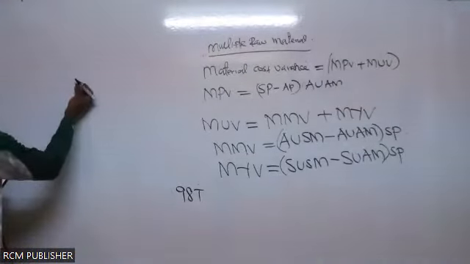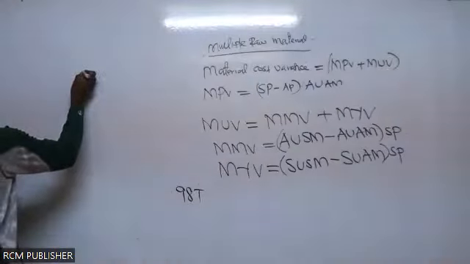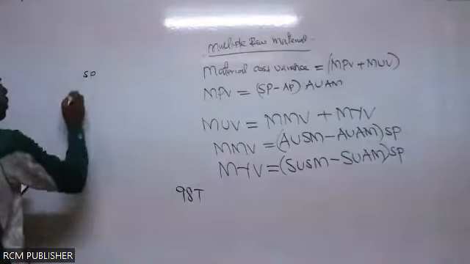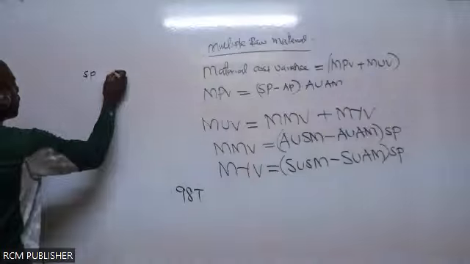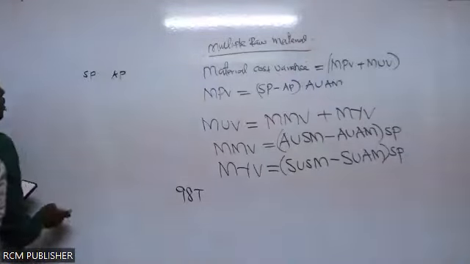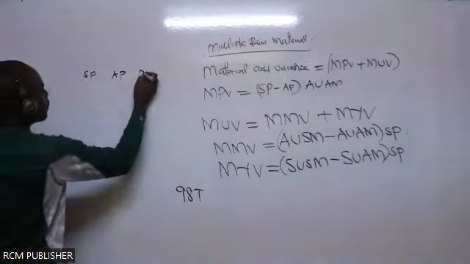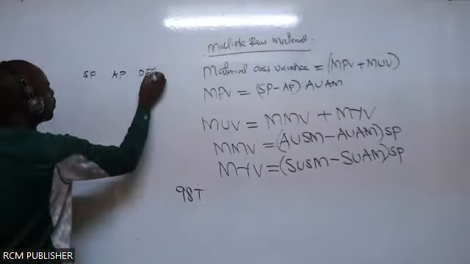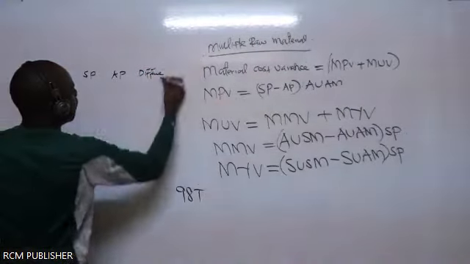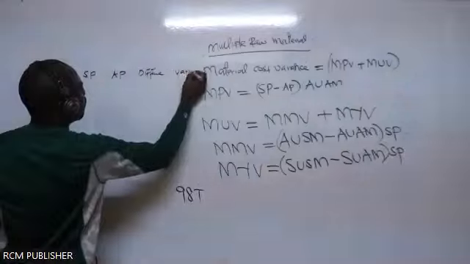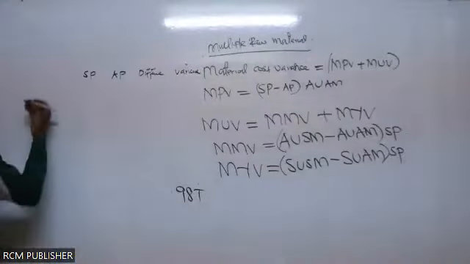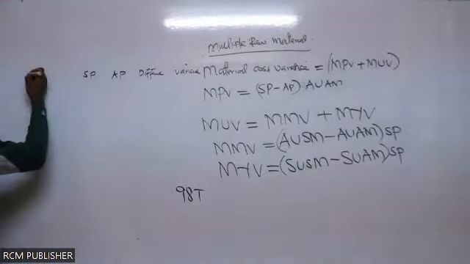So I will come here and have my standard price. Then I have my actual price. Then I have the difference. Then I get my variance. So here I have the material.